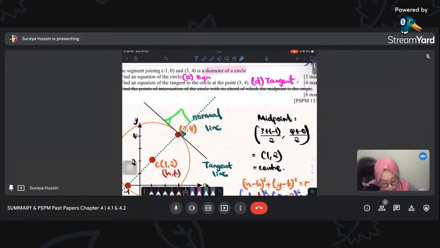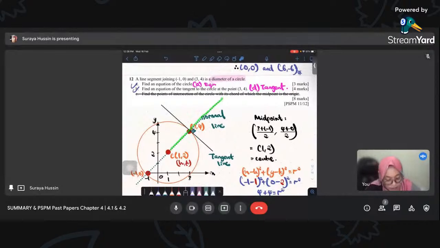Normal line mesti 90 degree daripada circle. That is basic knowledge that you must already grasp. Kalau you tahu ni normal line, of course lah you tahu ni tangent.